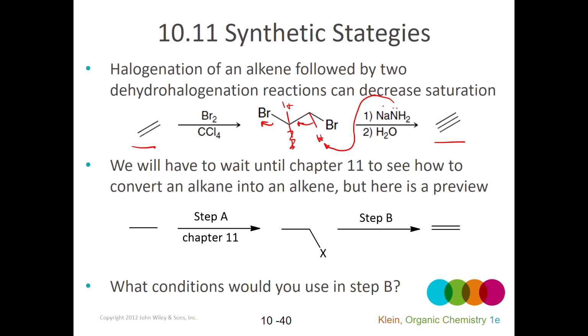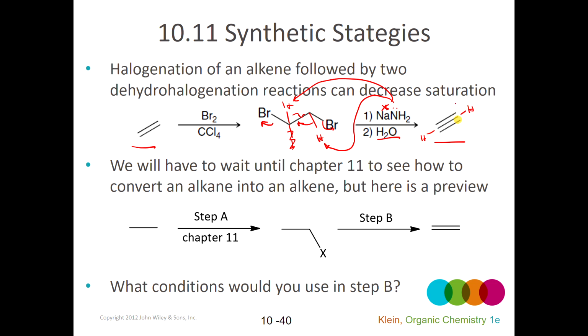Another molecule of the base, so we need excess of this, would pick off the other proton, push electrons in, and push the other leaving group out in another E2. And then the NH2 would pick off a proton and create a negative charge there, and then the water would be used to put that proton back on.